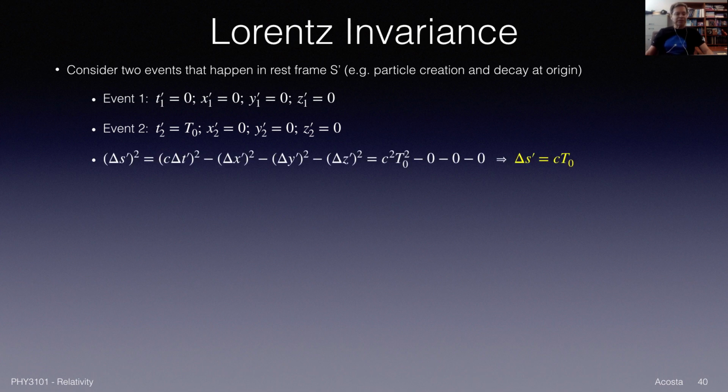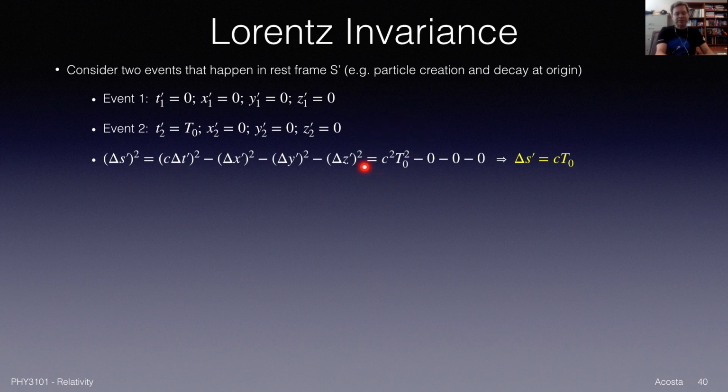So time t2 prime is t naught. And now let's plug into that formula I just gave you on the previous slide. That delta s prime squared is (c delta t prime) squared minus, remember, the sum of the squares of the spatial deltas. So it's minus delta x prime squared, minus delta y prime squared, and minus delta z prime squared. But this is rather simple to compute, right? Delta t prime is just t2 prime minus t1 prime, so t naught minus 0, so that's just t naught, multiplied by c, so it's (c t naught) squared.